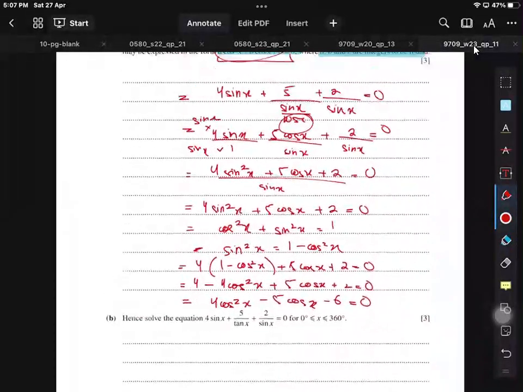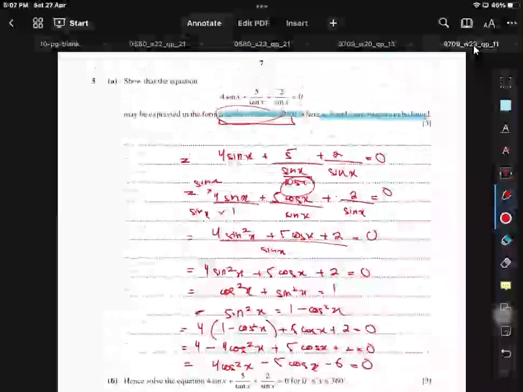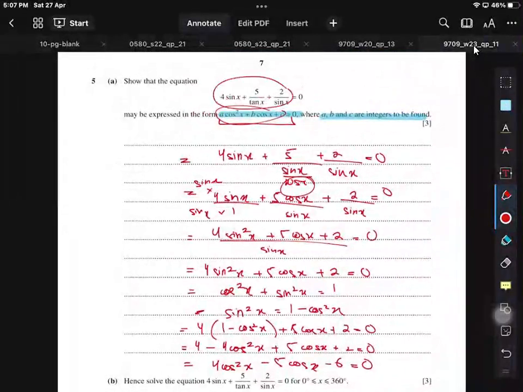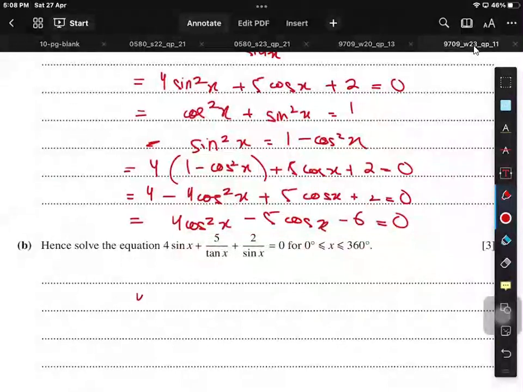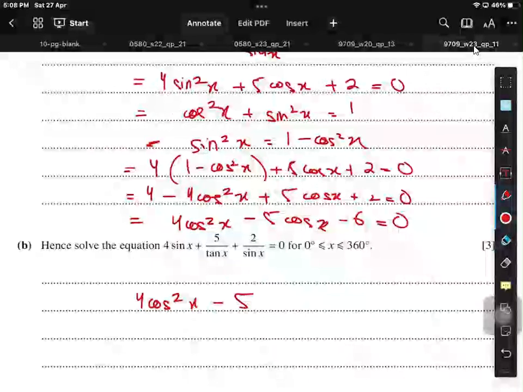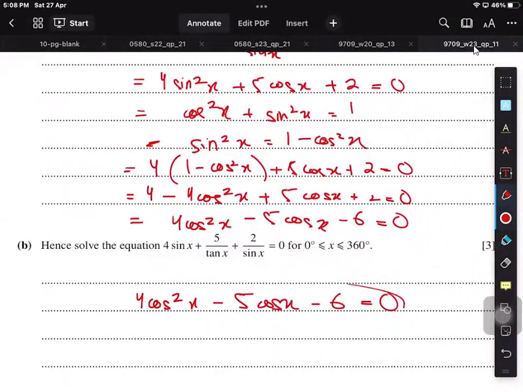Hence solve this. So we have to solve this exact same thing. And we know that this can be rewritten as this, right? So we can say 4 cos squared x minus 5 cos x minus 6 is equal to 0. So you have to solve this. And to solve this, make sure your calculator is in the degree mode, not in the radian mode.